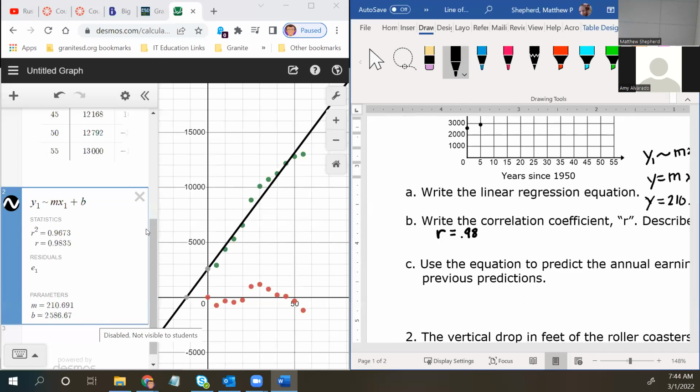But I'm not going to repeat all of that information right now. But what I will say is that this is a positive number. It's very close to 1, which means this is a strong positive correlation.